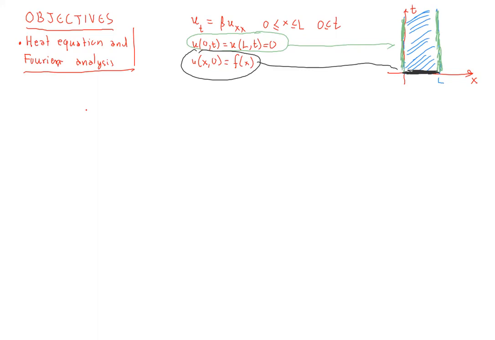So we have solved this problem, and basically we said that u of x comma t is given by a function of this form.